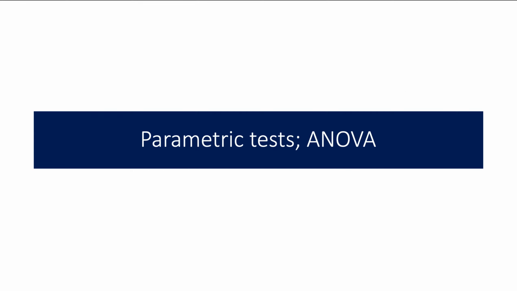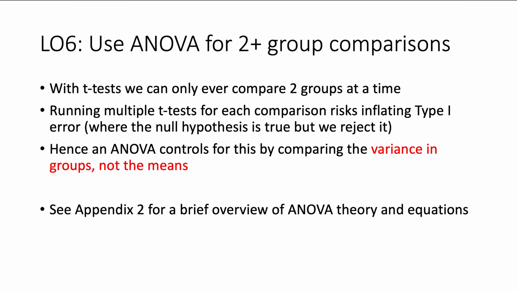Last week, we ran out of time to cover another form of parametric testing, called analysis of variance, or ANOVA for short. We use ANOVA for any scenario where we have two or more independent variables, for example, more than two groups. With t-tests, we can only compare two groups at a time.